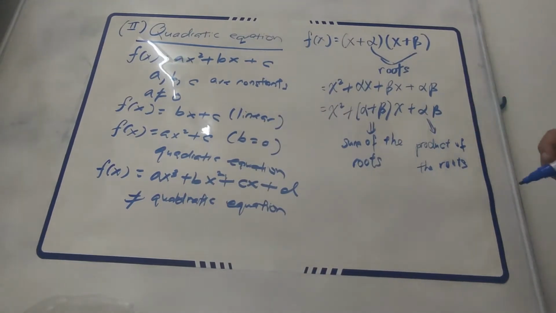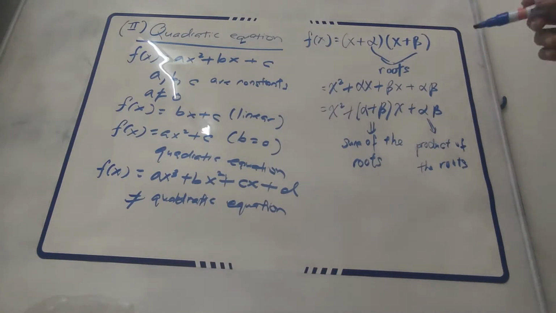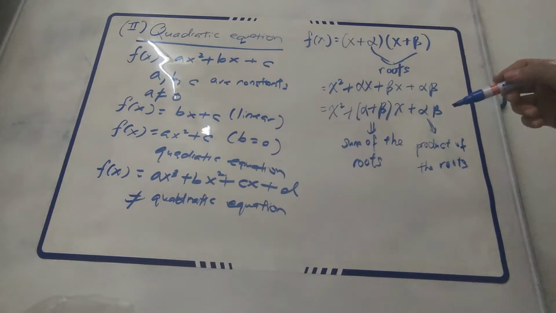So next slide, we will talk about the 4 ways to find out the roots for the quadratic equation. So this is part 1 of today's chapter, the quadratic equation.